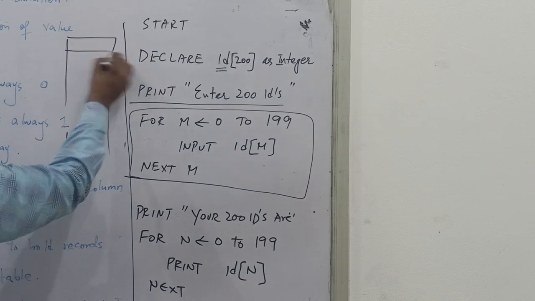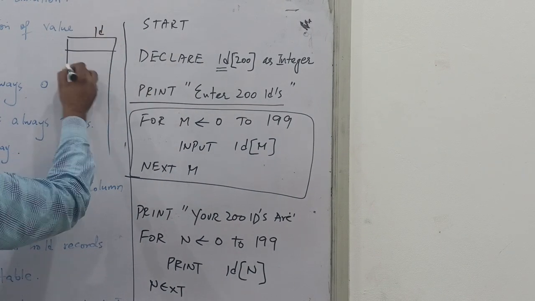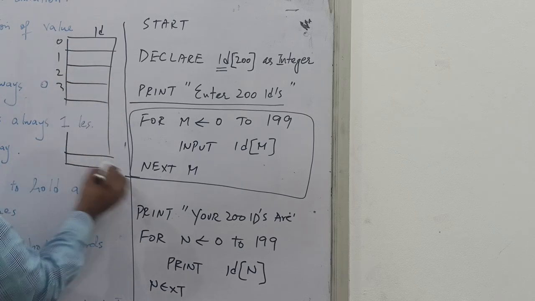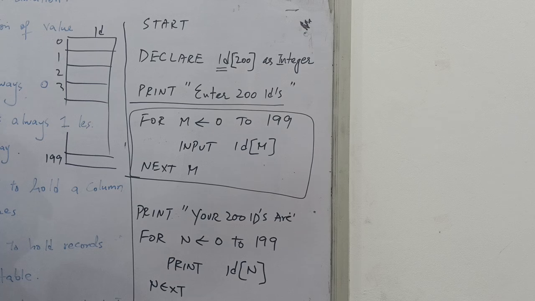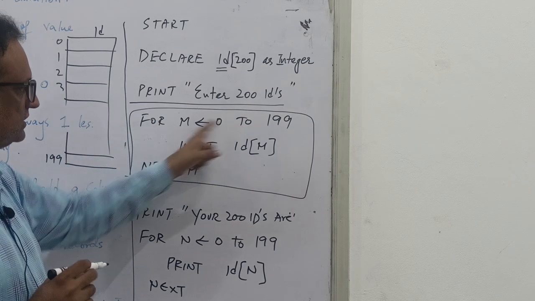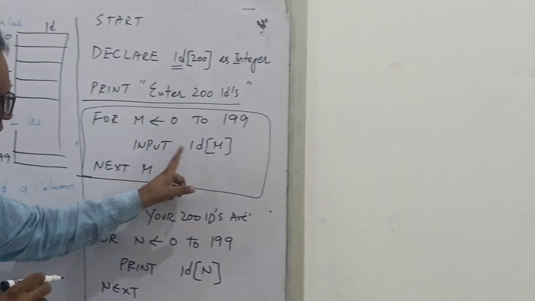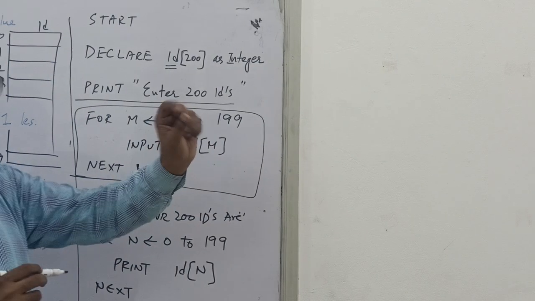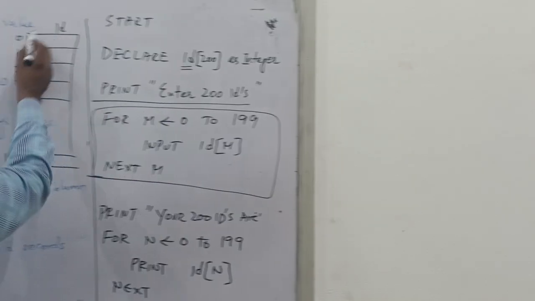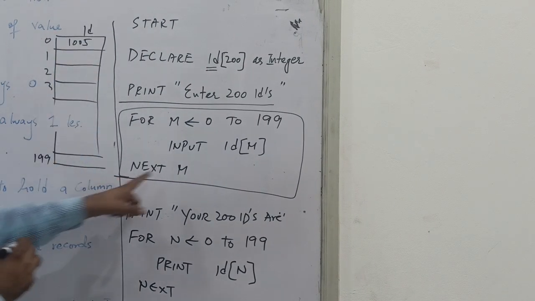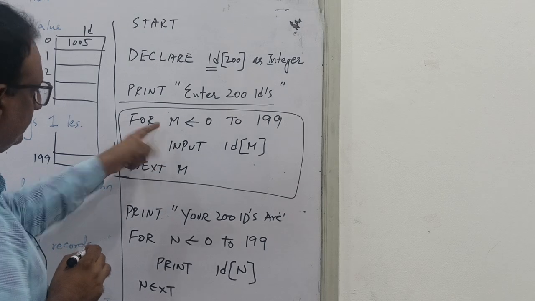The name of this array is ID, and these are its locations 0, 1, 2, 3, and they will go up to 199. When this loop runs for the first time, it will become input ID 0, and if the ID of the first person is 1005, it will store that employee's ID at ID 0. When it comes back and gives its second repetition, m will become 1.